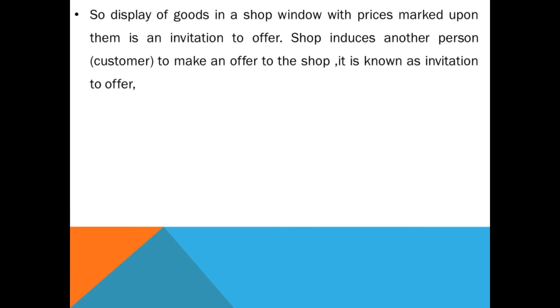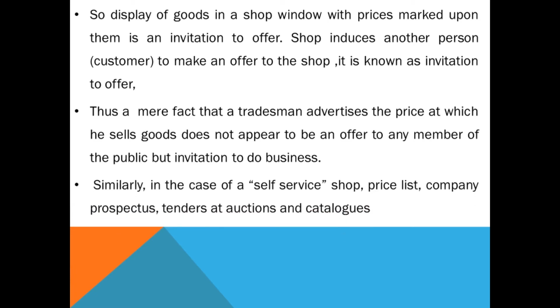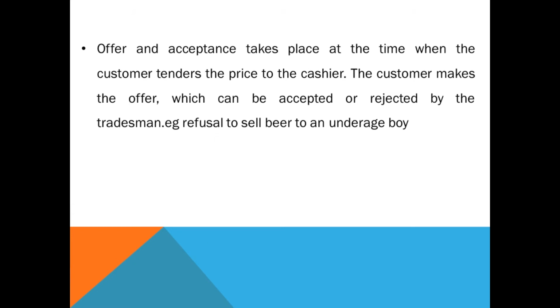So, display of goods in a shop window with prices marked upon them is an invitation to offer only. The shop induces another person, that is the customer, to make an offer to the shop. It is known as invitation to offer. Similarly, in the cases of a self-service shop, price lists, tenders at auctions, and catalogs, they are all invitations.